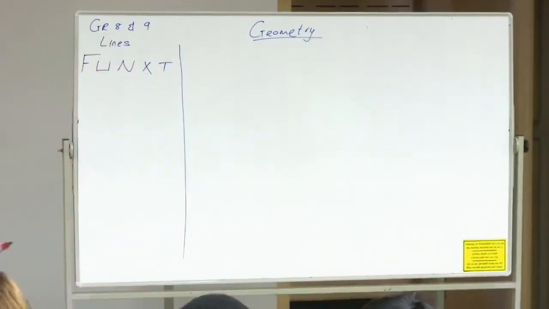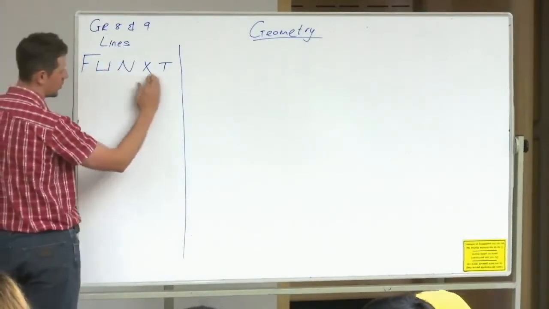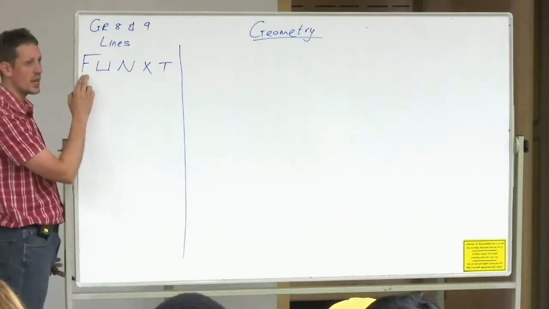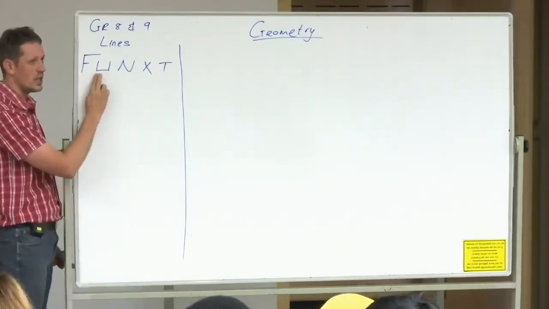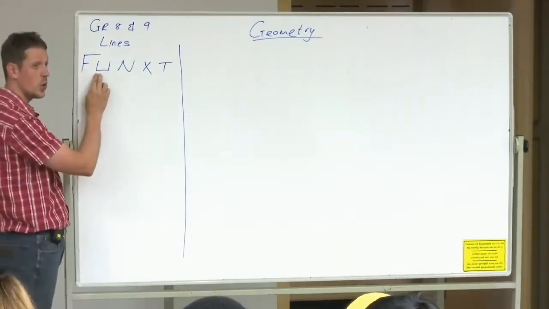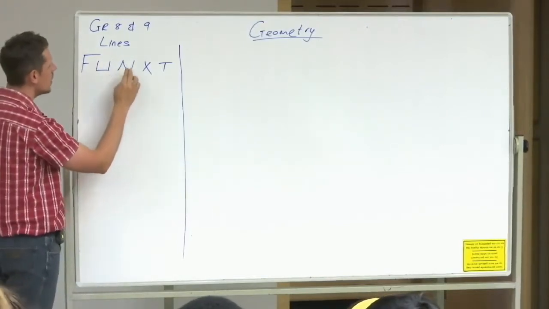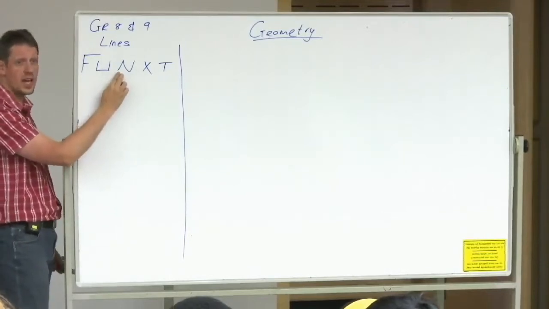It's all in there, but I'm going to just quickly go through them. The F is corresponding angles. The U is co-interior angles, or angles on the same side of the transversal line. N is the alternate angles.